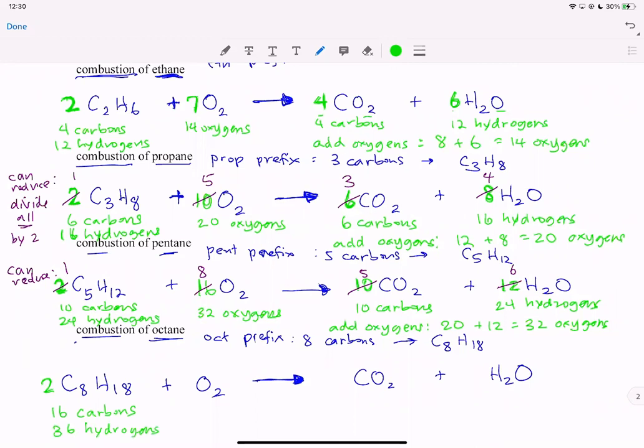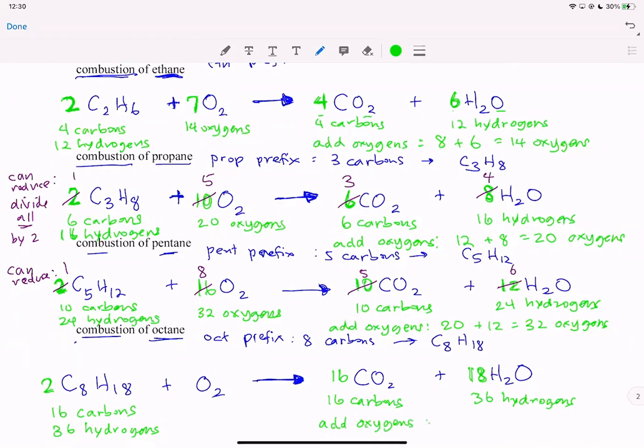And to have this equal on the other side, I need a 16 in front of CO2. So that's going to be 16 carbons. And then it's going to be 18 times 2 for 36 hydrogens. So then I'm going to add those oxygens from both CO2 and H2O.